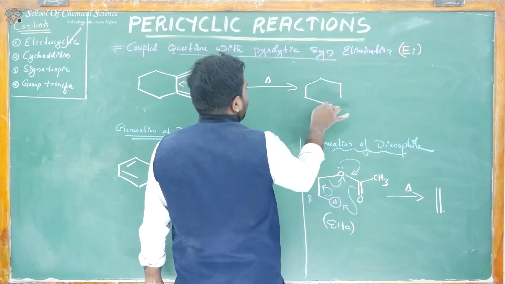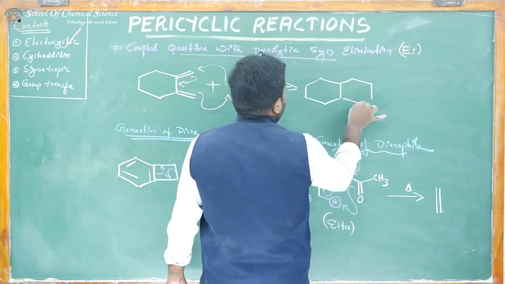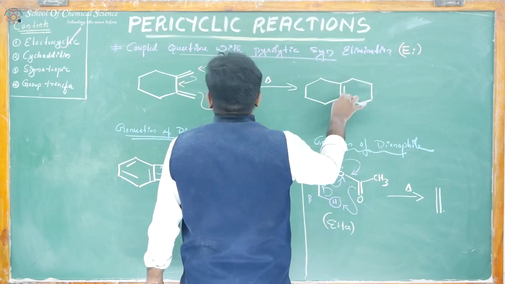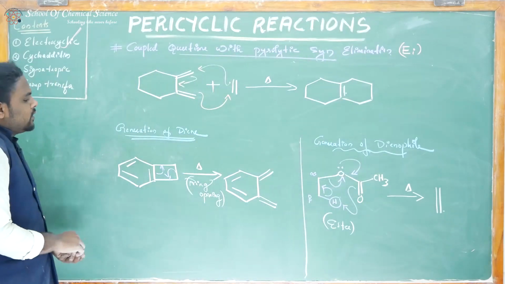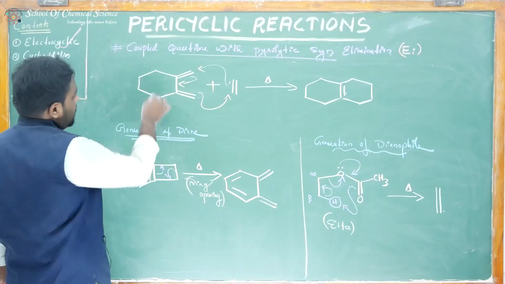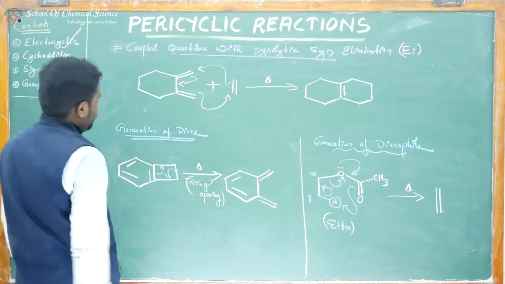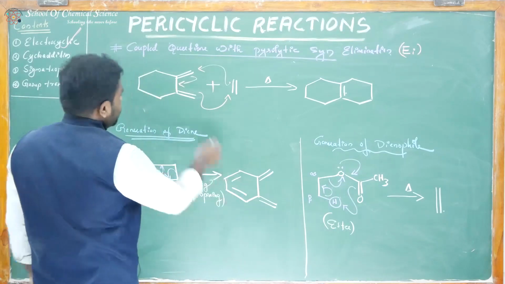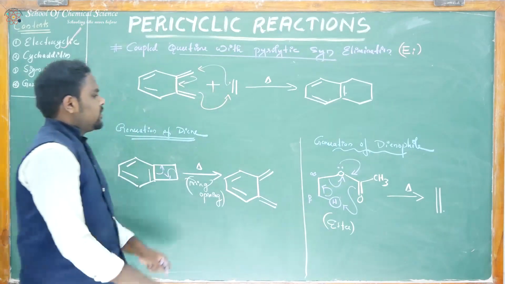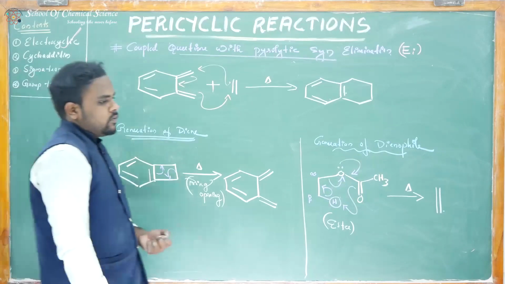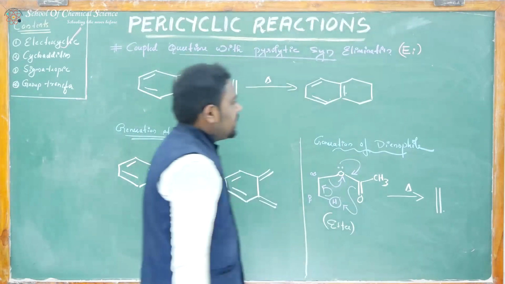So a 6-membered ring, then another 6-membered ring. Here a double bond, so that is the product. Sorry, here also a bond is there. So that is the product formed. Then next question.